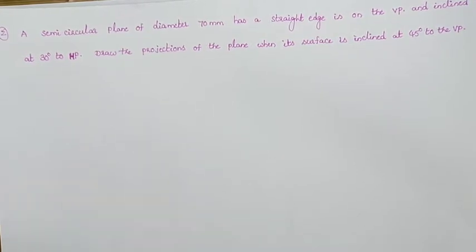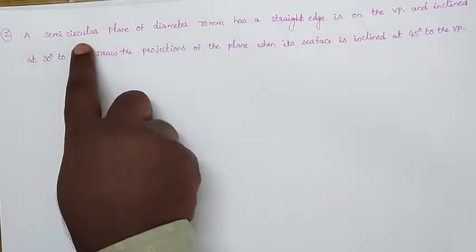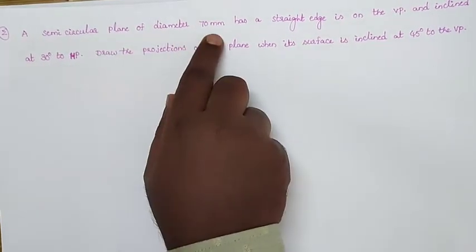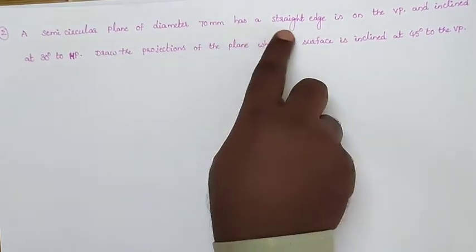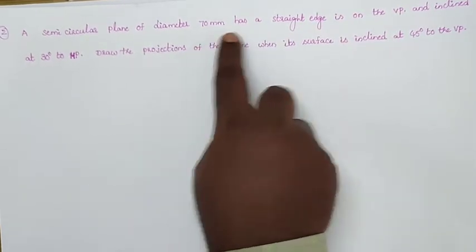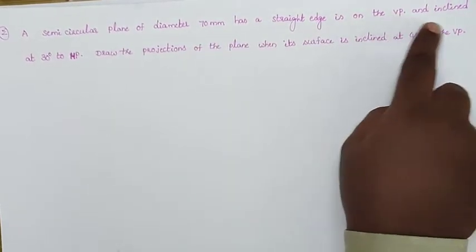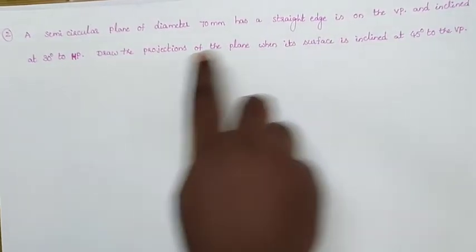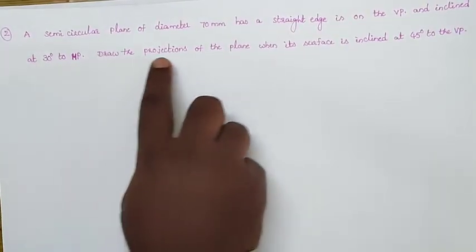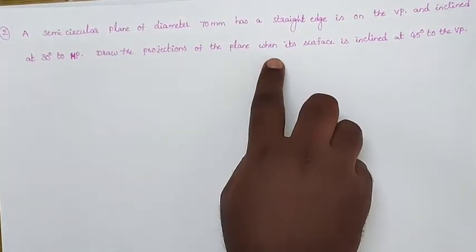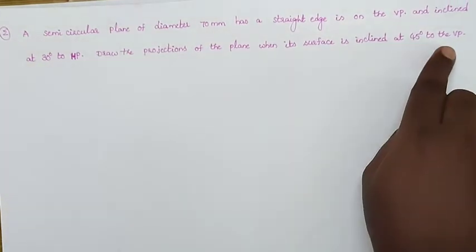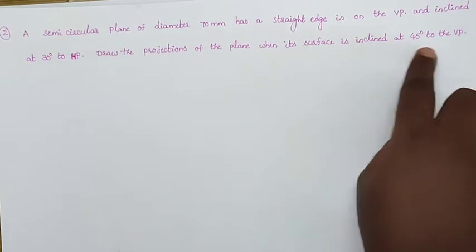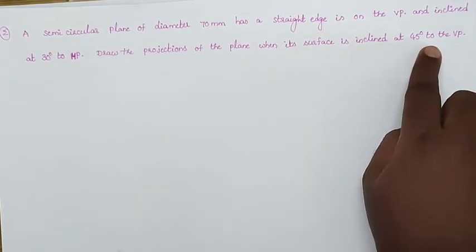Here the plane is a semicircular plane of diameter 70 mm, with the straight edge of 70 mm on the VP and inclined at 30 degrees to the HP. The straight edge inclination is 30 degrees to the HP, and the surface inclination is 45 degrees to the VP.